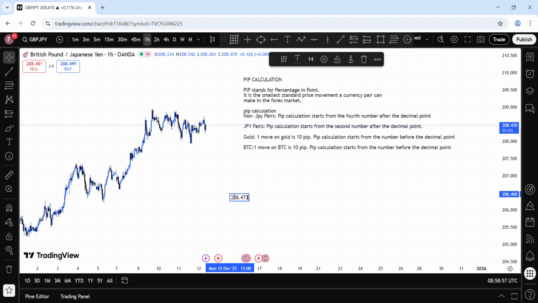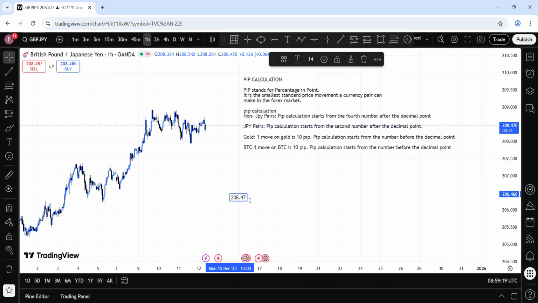The number starts from the second number after the decimal point. So this is the decimal point, the 4 is the first, 7 is the second. This 3 is the pipette, so we remove it. We are not using it. The pipette, we don't calculate with the pipette.